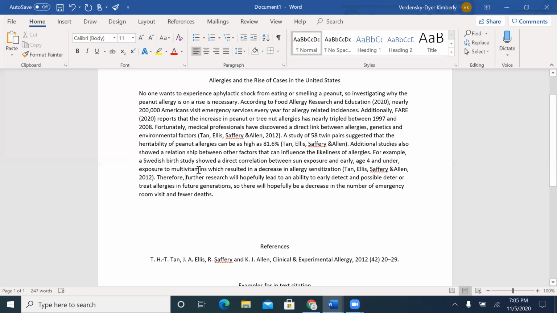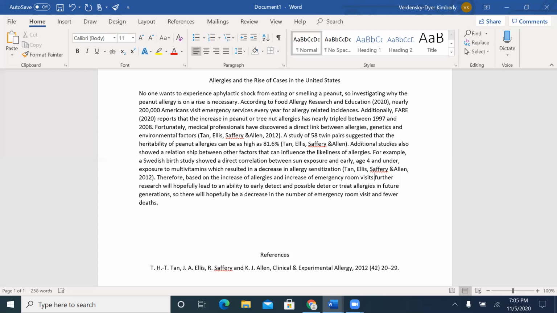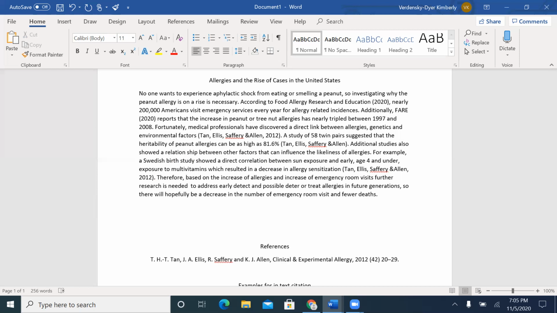we could say, therefore, based on the increase of allergies and increase of emergency room visits, further research is needed to address early detection and possibly deter or treat allergies in future generations.